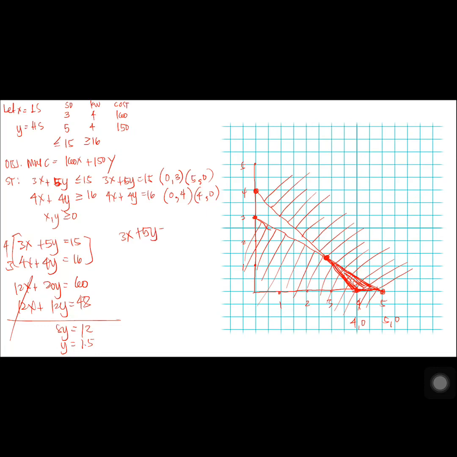Then, if y is 1.5, what is x? We have 3x plus 5y is equal to 15. So 3x plus 5 times 1.5 equals 15.